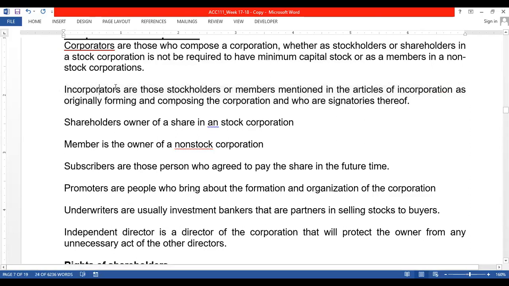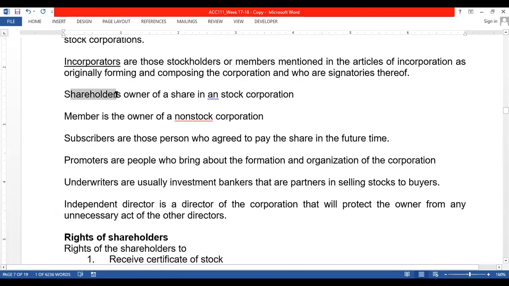So ito yung incorporators, ang tawag naman for those corporators who are originally shareholders. So sila yung nag-create ng corporation. So ang tawag sa kanila is incorporators. Okay, so kato nag-create sa corporation, kato mga stockholders o shareholders nga nag-create sa corporation, ang tawag sa kanila is incorporator. Ayan, incorporator.